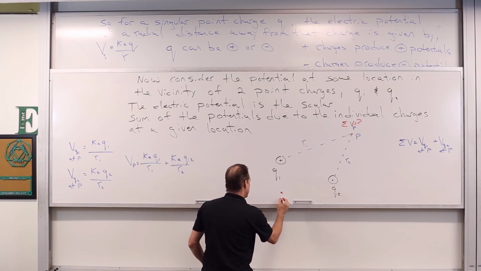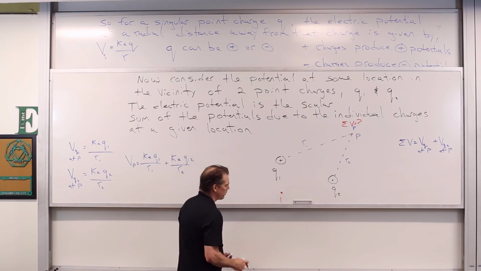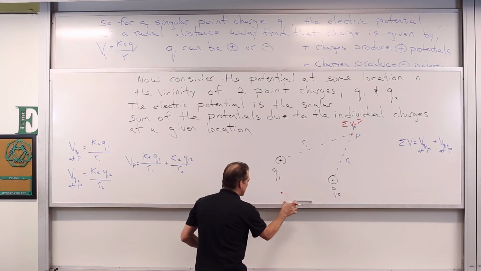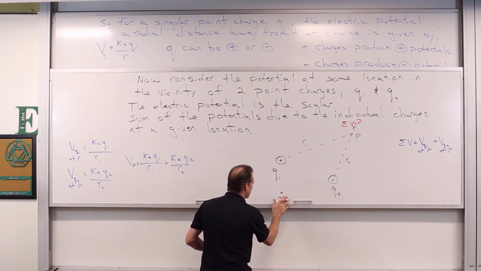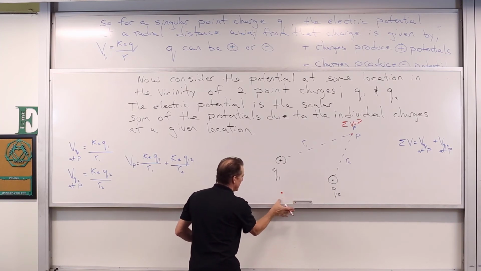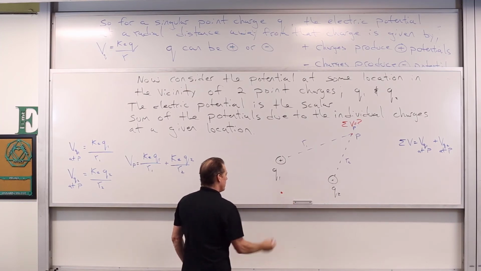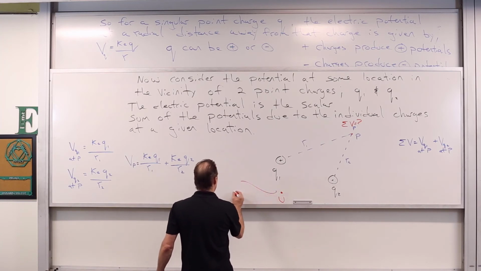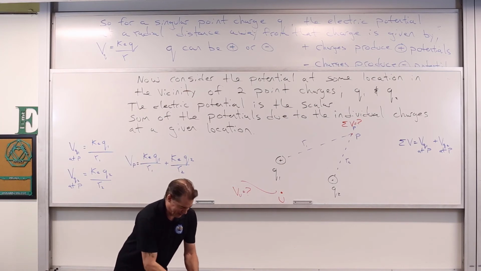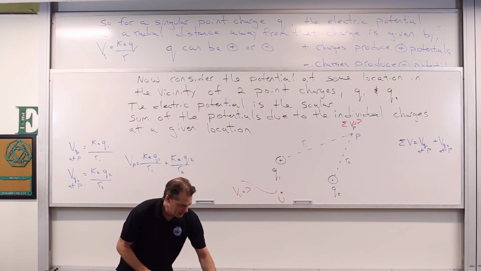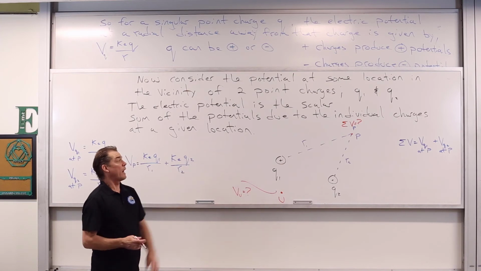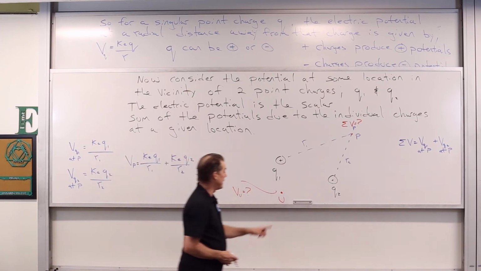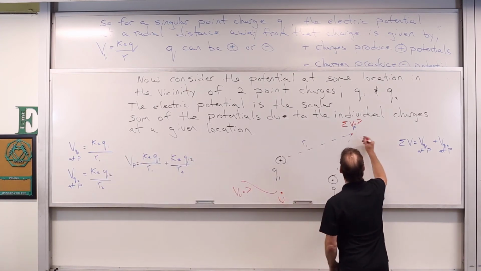Let's call it point U. Point U, and we want to know what is the potential at point U. V sub U is equal to what? And why do we want V sub U? Because maybe we want to know what the potential difference is between point U and point P.